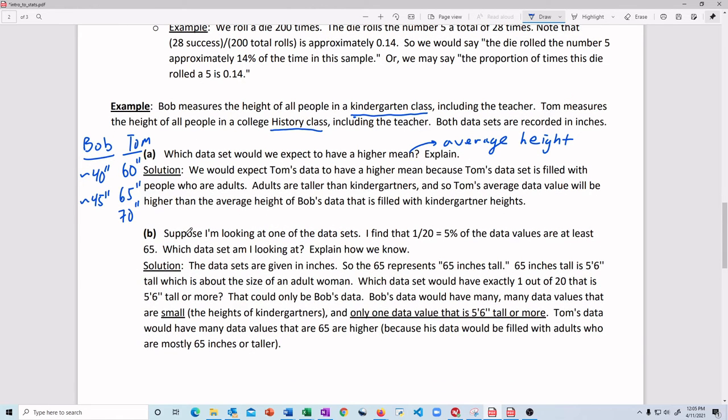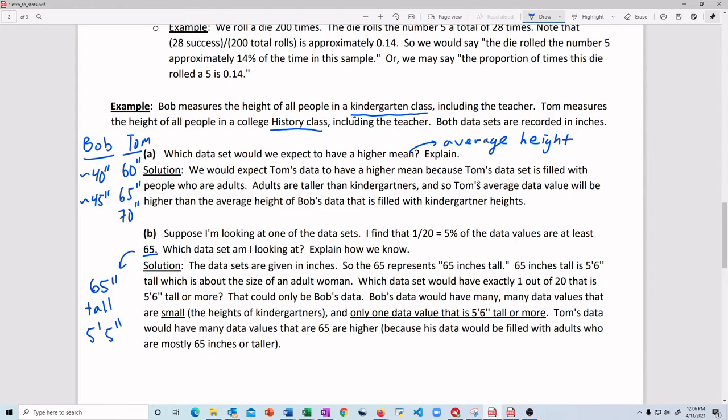Okay, B, what does that say? Suppose I'm looking at one of the data sets. I find that 1 out of 20, which equals 5%, of the data values are at least 65. Which data set am I looking at? So we got to break this down, right? So again, 65. What does that mean? That refers to being 65 inches tall, which is 5 feet 5 inches.